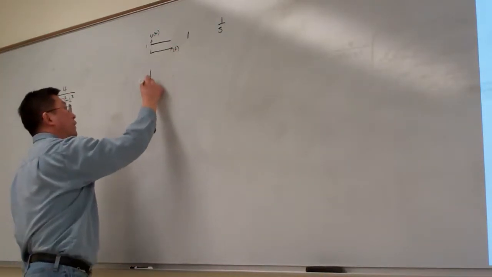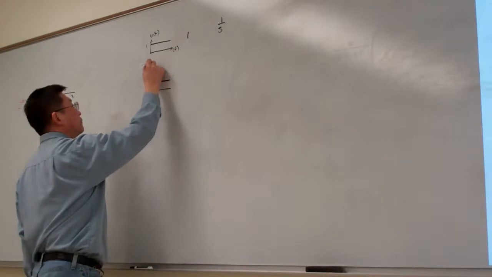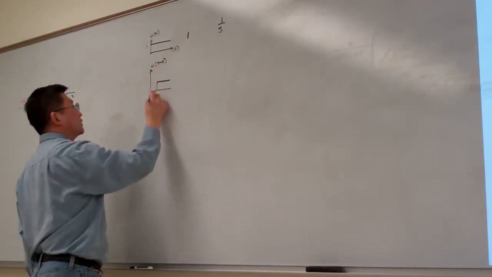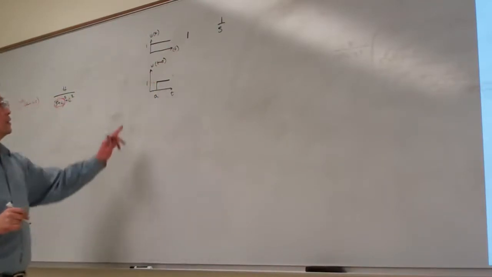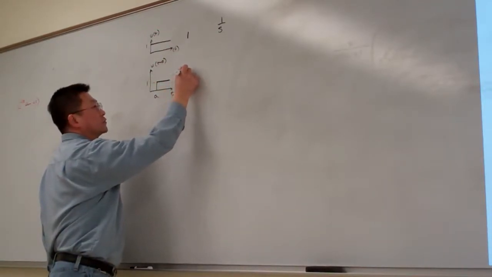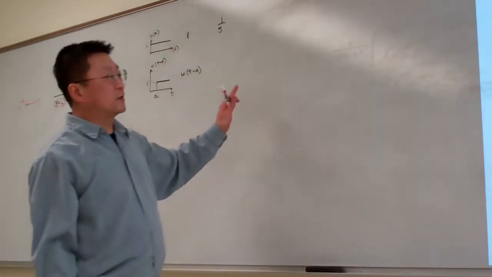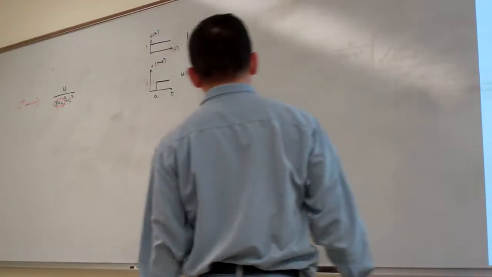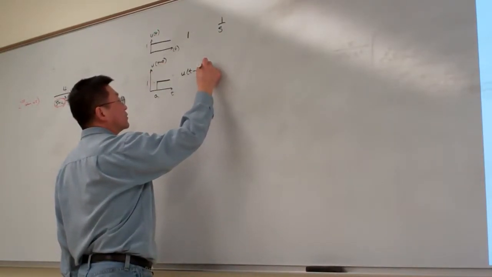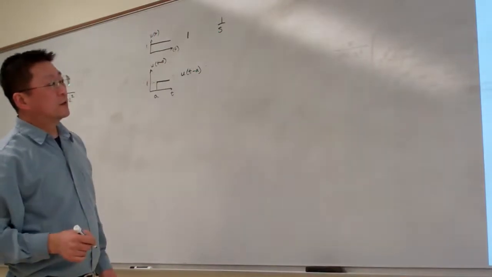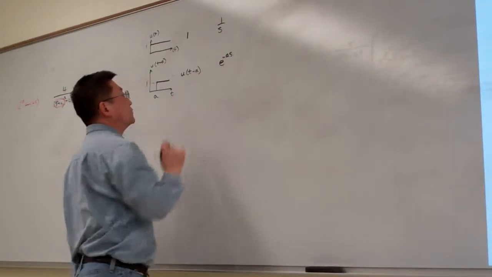And now for this one, this is a and this is t. This value equals 1. So for this function, you use t minus a, and then this is multiplied with 1, so this one is e to the minus as.